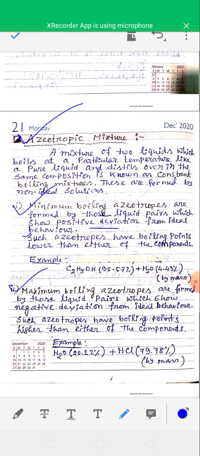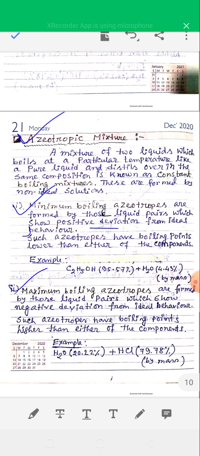And now see maximum boiling azeotropes. These are formed by those liquid pairs which show negative deviation from ideal behavior, and such azeotropes have a boiling point higher than either of the components.